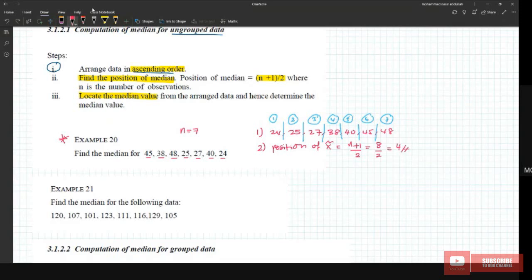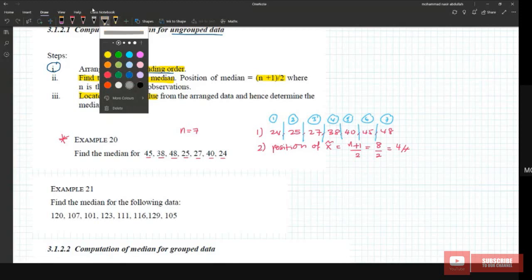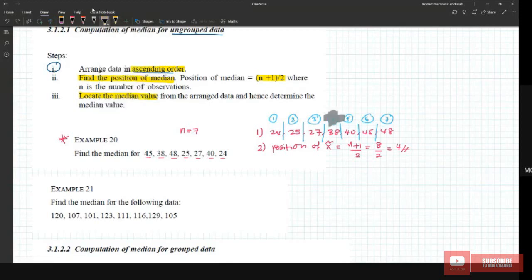So the position of the median is position number 4.